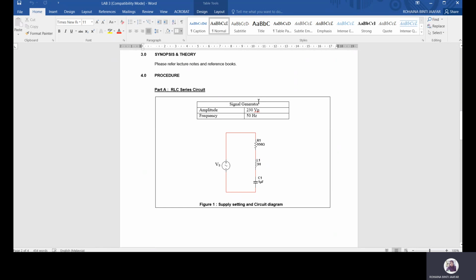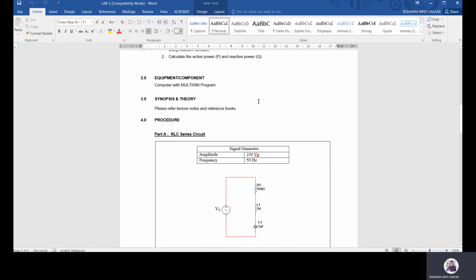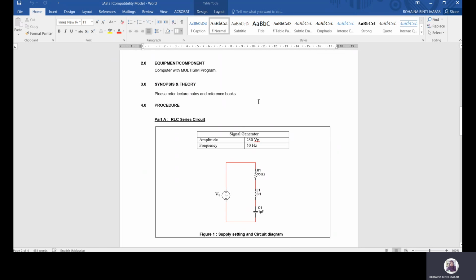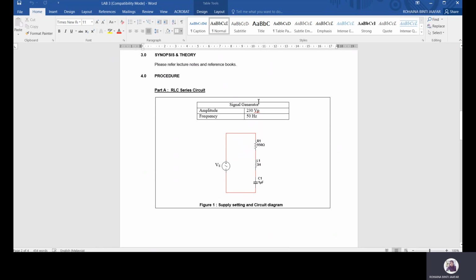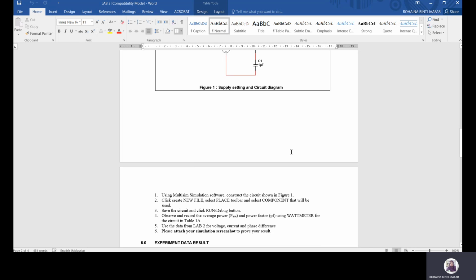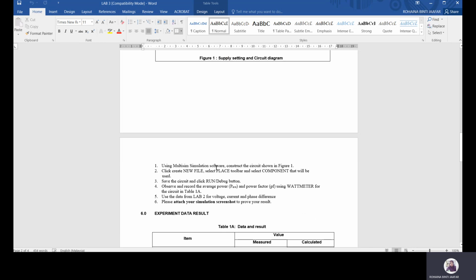Actually, the circuit diagram is the same as lab 2, but the objective for lab 3 is to measure power and power factor. So please use your circuit diagram from lab 2 and use the wattmeter to measure the power and power factor for both circuits.